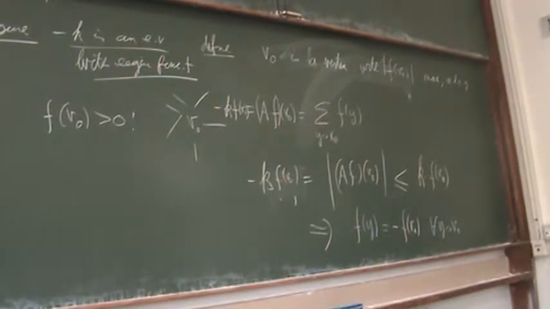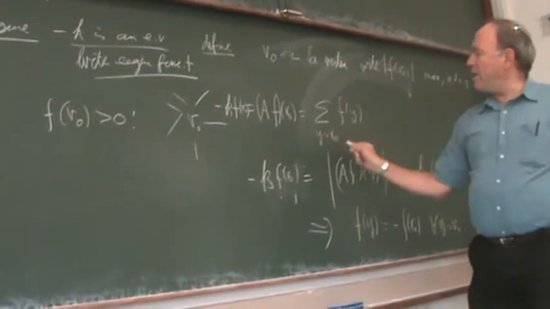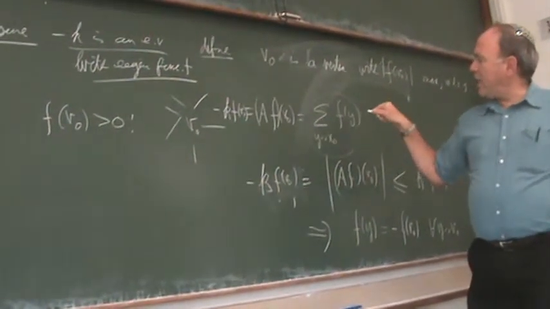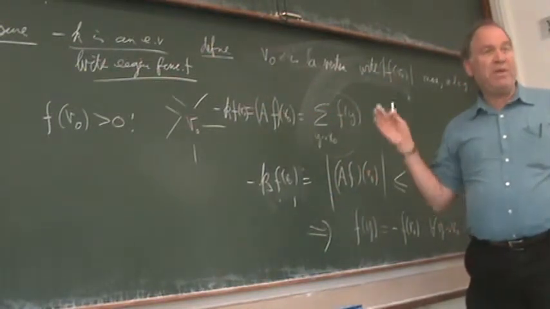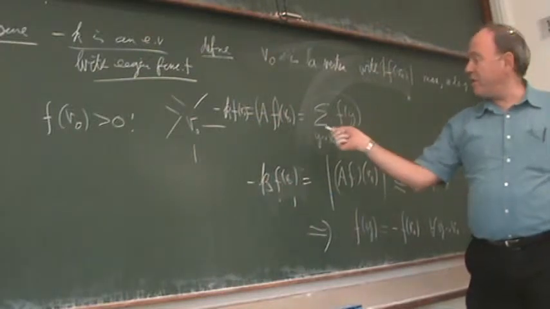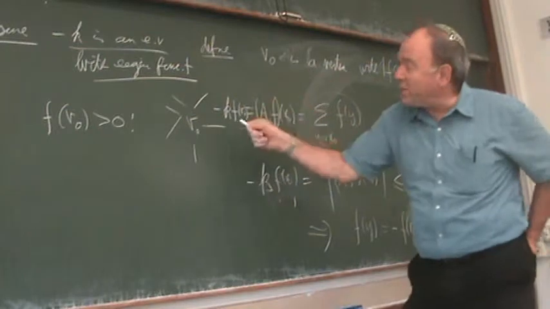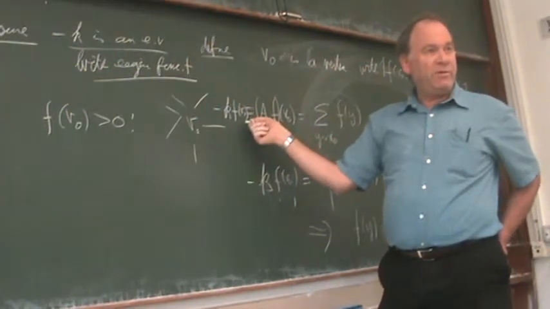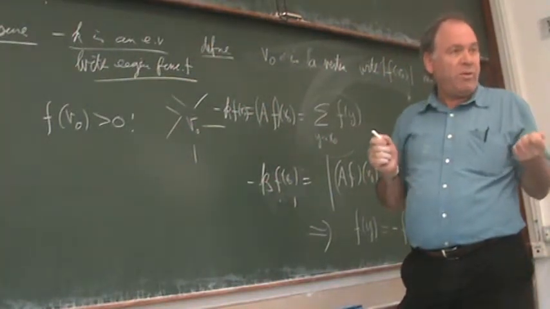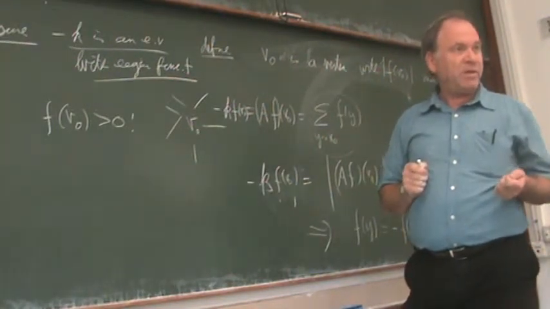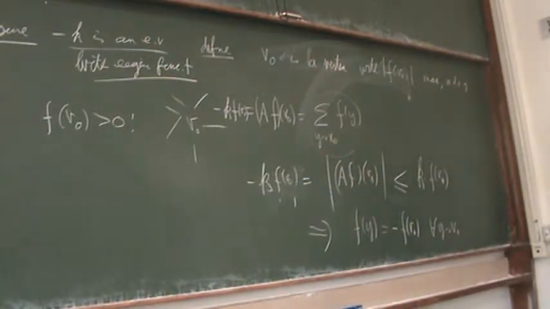Maybe I didn't write it in the most elegant way, but I'm summing up numbers so that in absolute value, each one of them is at most f of v naught. And there are k numbers here, because this is the k-regular graph. If I sum them all, I'm getting minus k times f of v naught. Which means that in absolute value, each one of them must be equal to f of v naught, otherwise the sum would be strictly less than k times f of v naught. And it must be minus f of v naught, because eventually I got minus k times f of v naught.